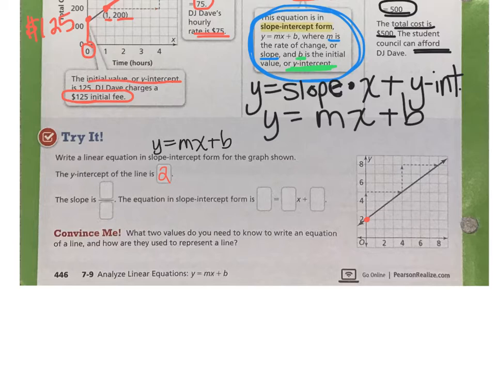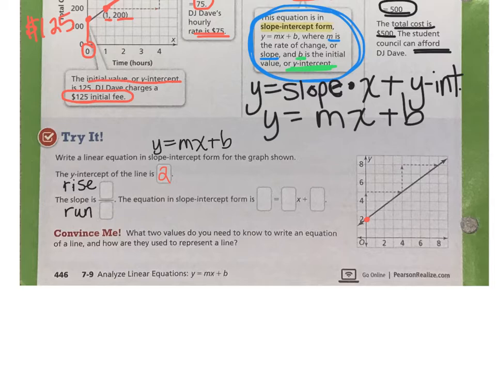Next, we need to calculate the slope. Remember, the slope of the line is the rise over the run. So the rise is the top number. How high does it move up or down from one point to the next? And the run is the horizontal distance. How far does it move from left to right or right to left?